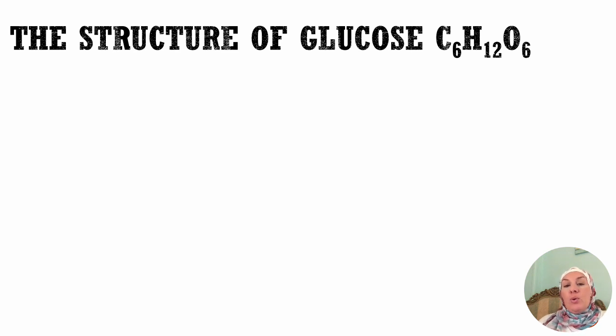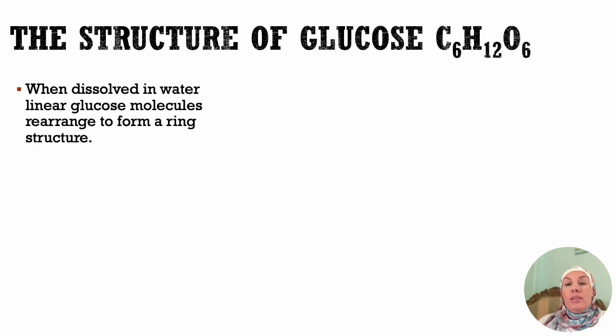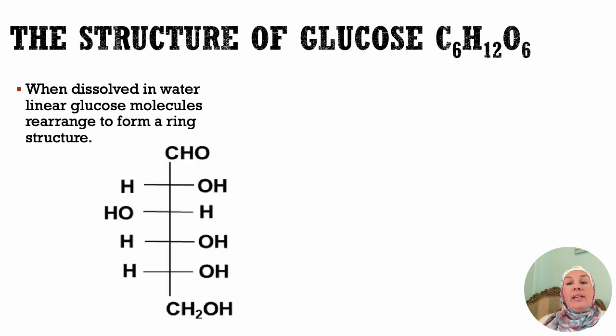But glucose in nature is usually dissolved in water, and it takes a different structure. When dissolved in water, the linear glucose molecules rearrange to form a ring structure. So they're not that linear anymore.